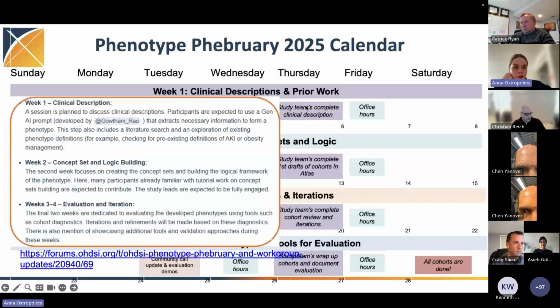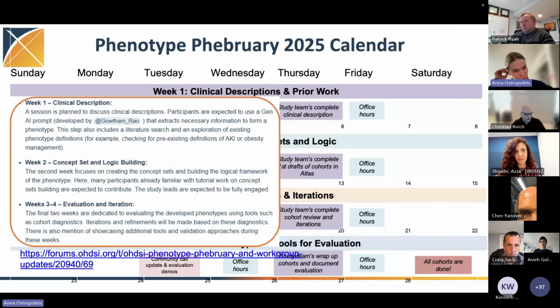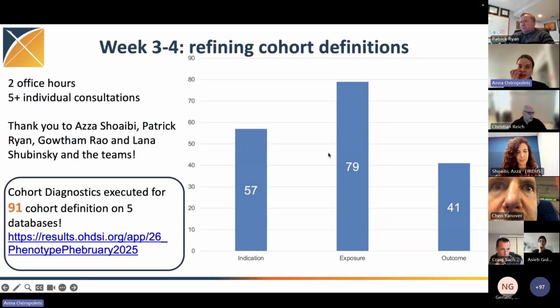So what we've been doing so far, it's week 4 of Phenotype February. We created clinical descriptions for our phenotypes. We created the concept sets, the logic, the various drafts of the cohorts. And what we are doing during week 3 and week 4 is iterating over these cohorts, and we're using Cohort Diagnostics for it.